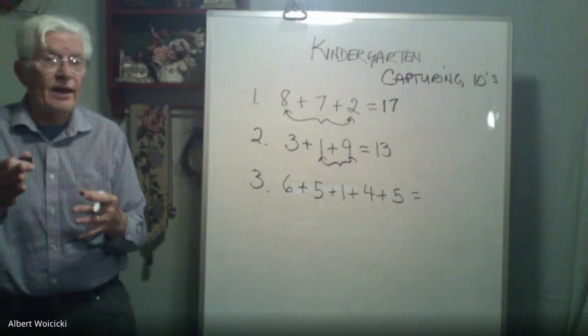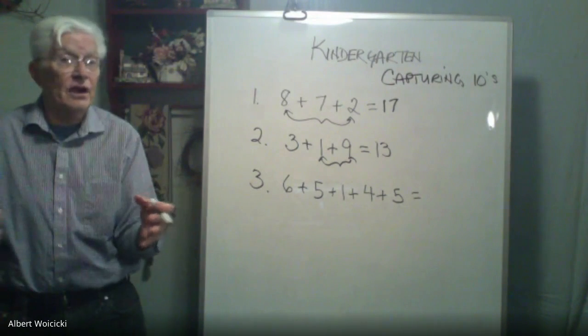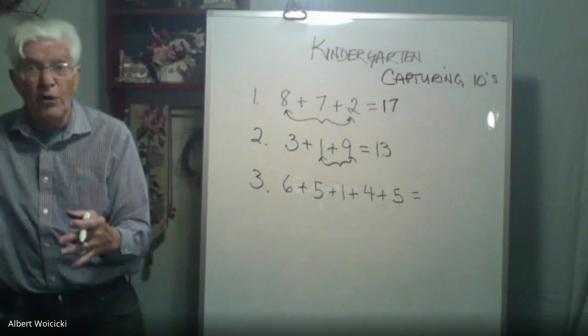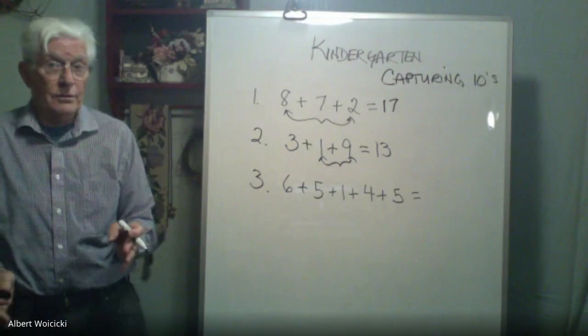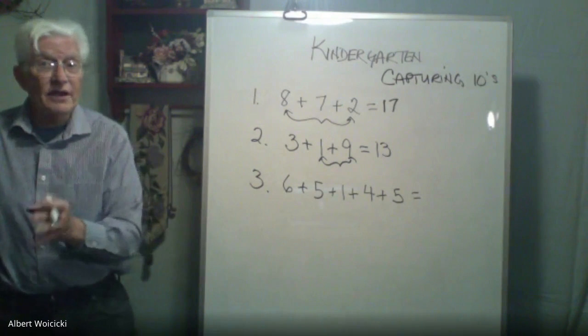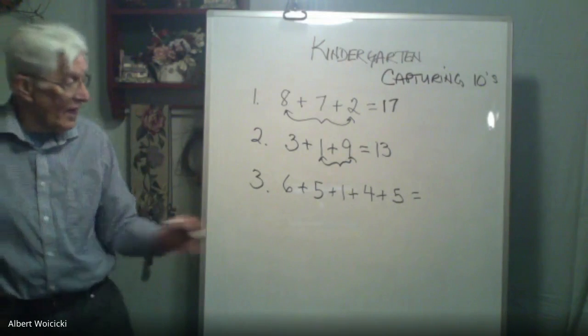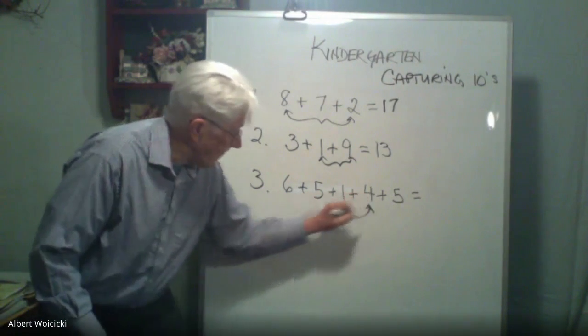But once again, you folks have already discussed the idea of 10, 20, 30, 40, 50 because of our early discussions. So if we've got that idea of tens, then we know that 6 plus 4 is 10.